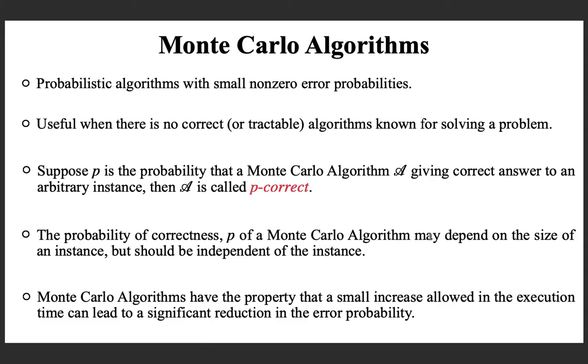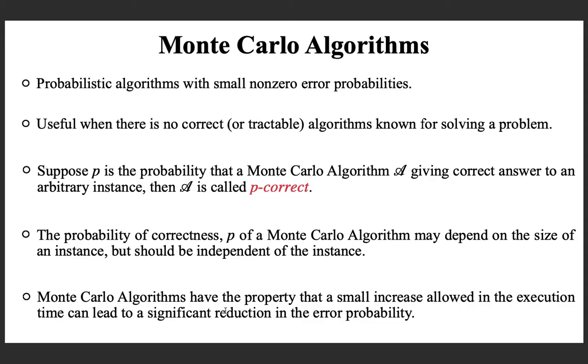Monte Carlo algorithms have the property that a small increase allowed in the execution time can lead to a significant reduction in the error probability. If P is the correctness probability, 1 minus P is the error probability, and this is how a probabilistic algorithm is classified as Monte Carlo.